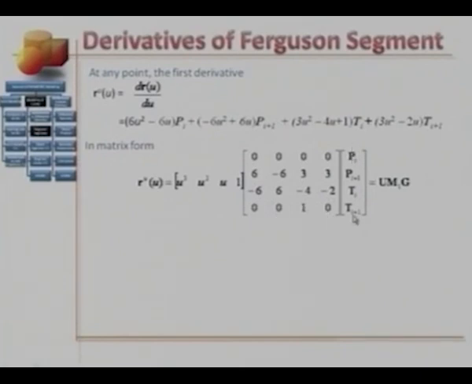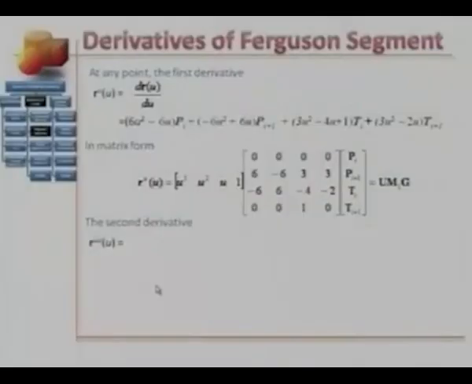And this is the geometry matrix that we have seen before. Notice that u is quadratic in all these 4 functions, because of which the first row has all zeros.